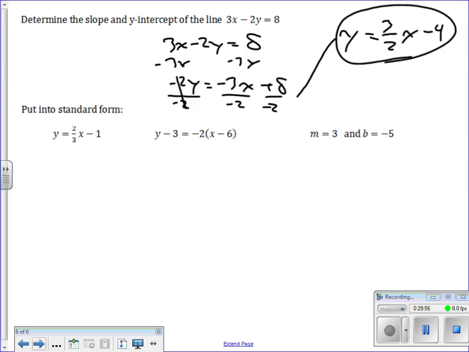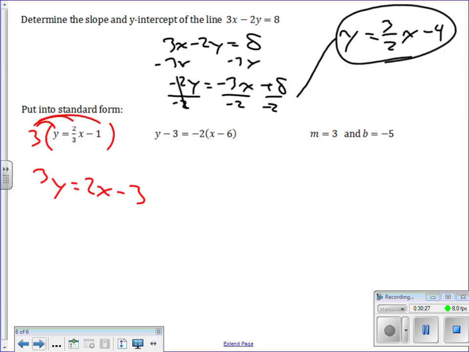Multiply everything times 3. 3 times y, 3y. 3 times 2/3, 2. 3 times negative 1, negative 3. No more fractions.